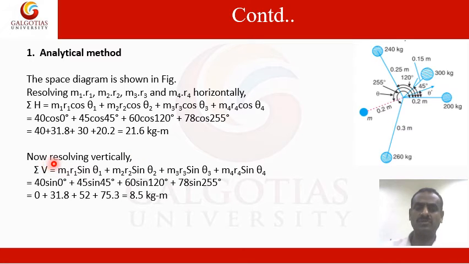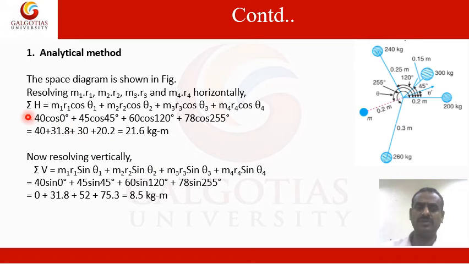Now resolve the forces vertically, that is the summation of vertical components of forces equals m1 r1 sin theta 1 plus m2 r2 sin theta 2 plus m3 r3 sin theta 3 plus m4 r4 sin theta 4. Substituting the values in the sigma V equation, finally sigma V equals 8.5 kg meter.